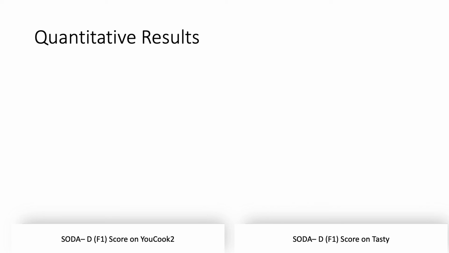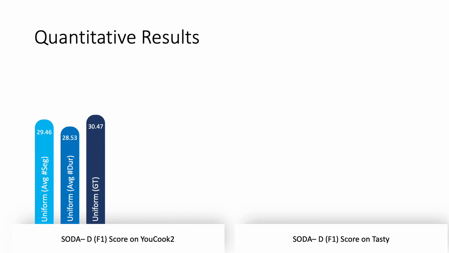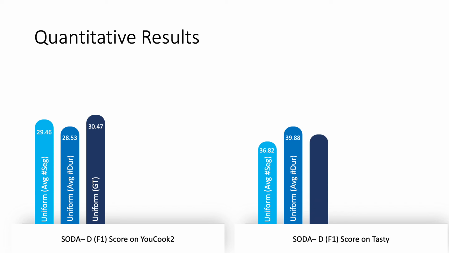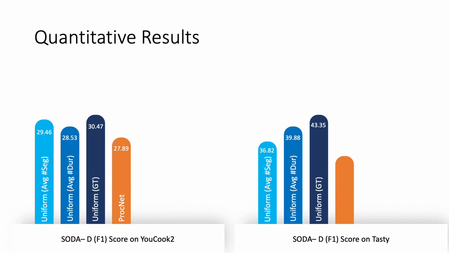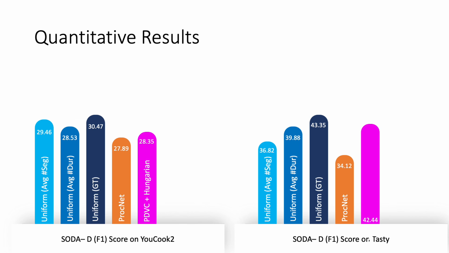We compare results on two datasets, YouCook2 and Tasty. First, we use three uniform baselines. We also use two competitive baselines, ProcNets and PDVC, which use the Hungarian algorithm.